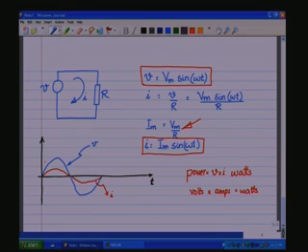When the current crosses 0, voltage also crosses 0, and a minus current into a minus voltage will result in a positive power. So, the power waveform is always going to be positive, and it will rise like that, go towards 0, rise like that, go towards 0, and so on. This will be the power waveform P, which is equal to V I.